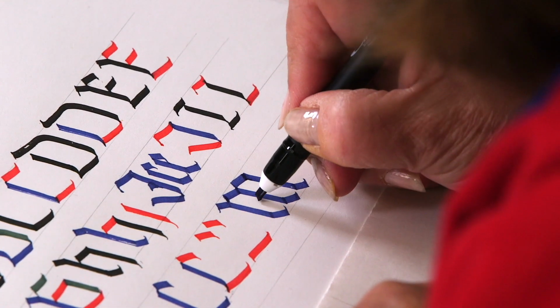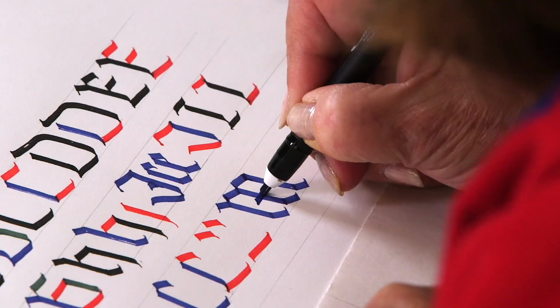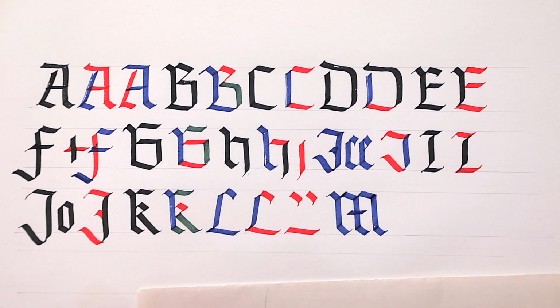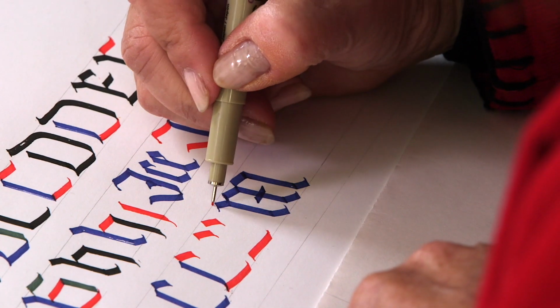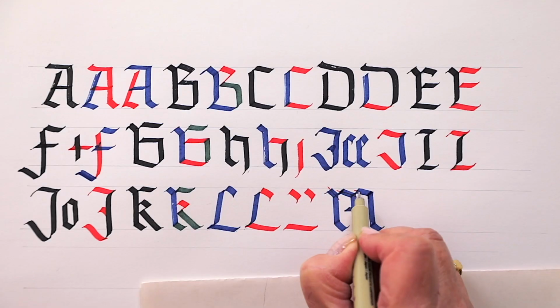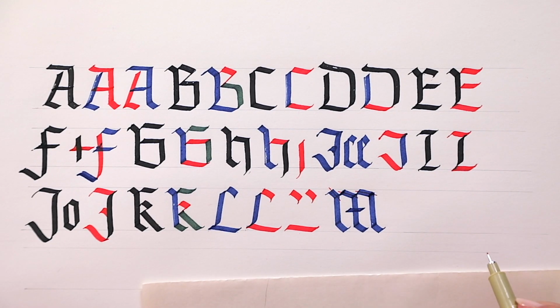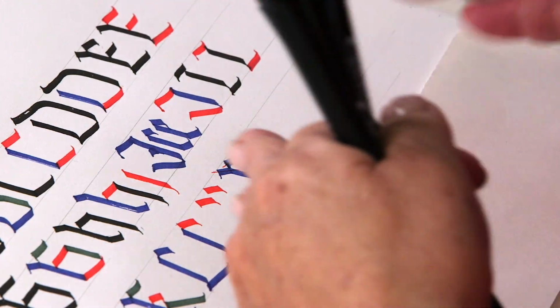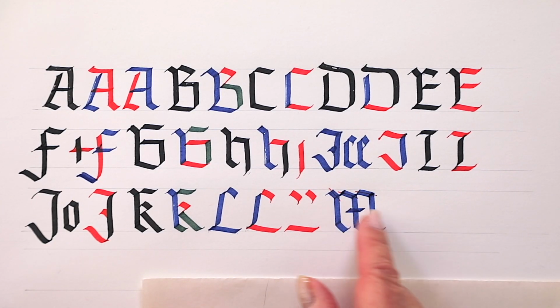And then a capital M, you put a crossbar across the middle like that. Again, you want to notice that these strokes are going in a different direction. And it's so that we can get the width of that M in there, the negative space.